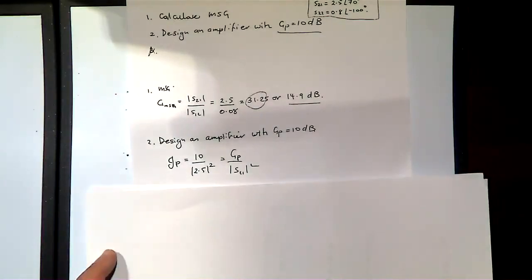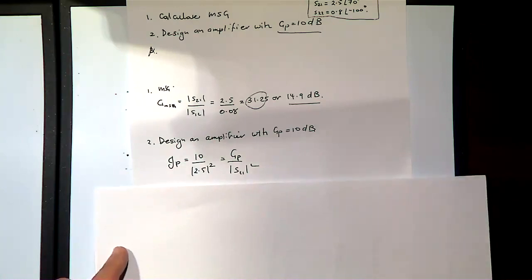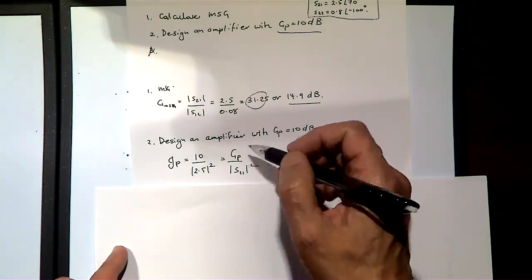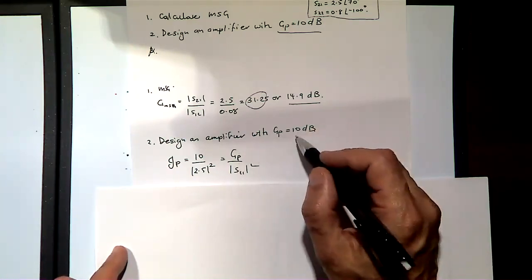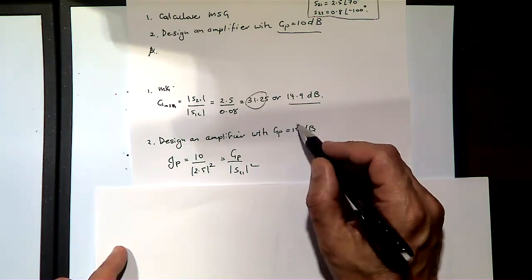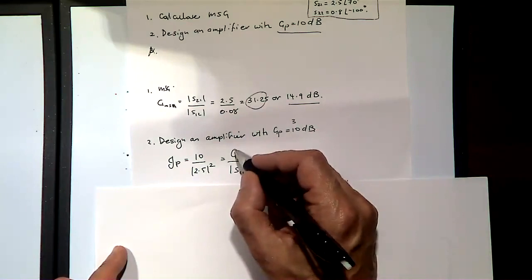We have to calculate small g. Okay, what's small g? It's GP on S21 squared. All right? Suppose this value was 3 dB, right? What value would I put here?